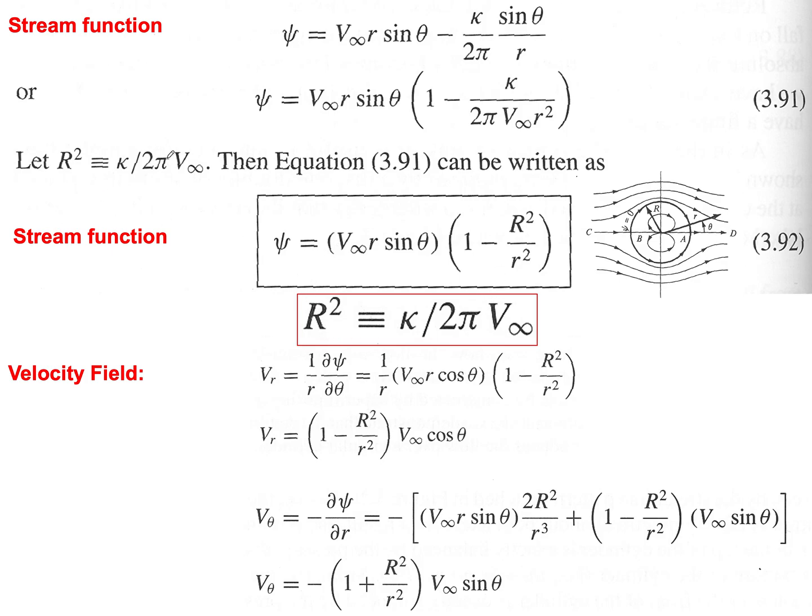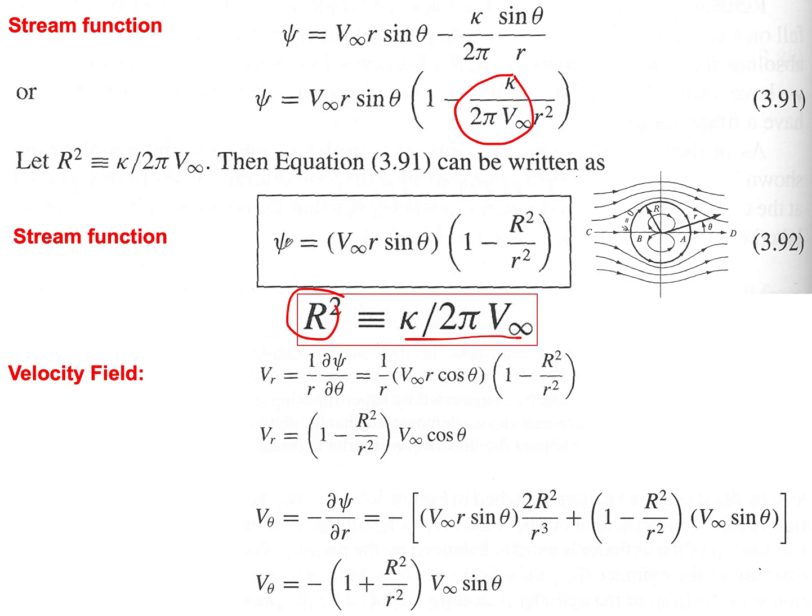So here actually we're deriving the whole thing. So that's your stream function, and let's just put this whole thing, kappa over 2 pi v infinity, let's call it r square right there.